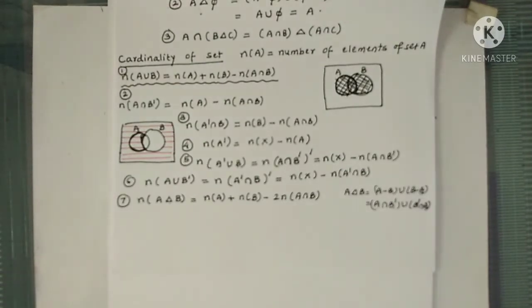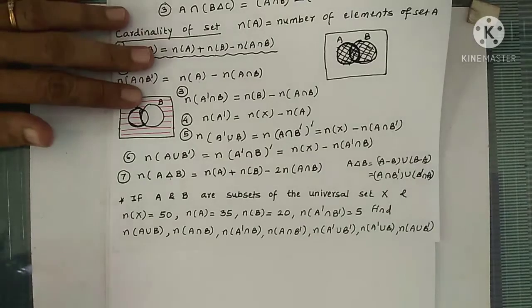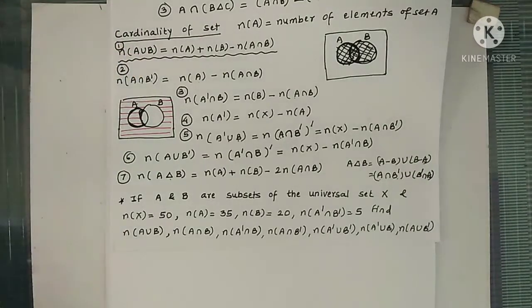So these are the formulas for the cardinality of sets. Now let's solve some examples based on the cardinality of sets. If A and B are subsets of the universal set X and n(X) equals 50, n(A) is 35, n(B) is 20, and n(A' intersection B') is 5, find n(A union B), n(A intersection B), n(A' intersection B), n(A intersection B'), n(A' union B'), and so on.